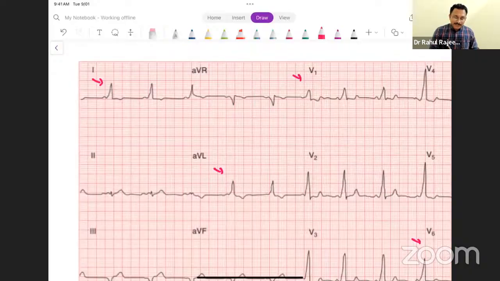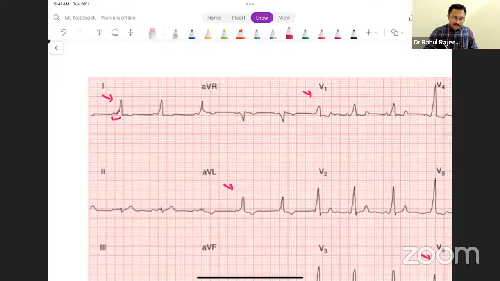Number 1, you are seeing that the PR interval is very short. And you can also see that in the beginning of the QRS complex, you can definitely notice a slurred upstroke as well. Are you noticing a slurred upstroke? Can somebody tell me what is the name given to this slurred upstroke that you see in the ECG?